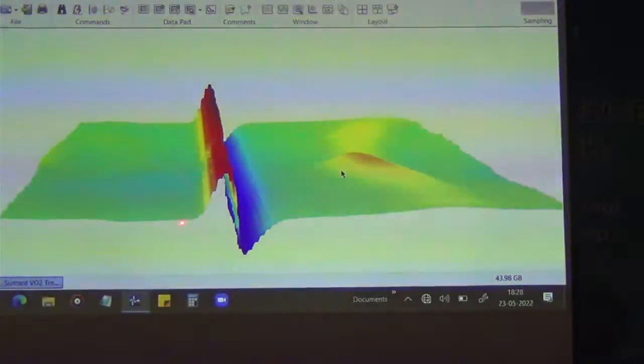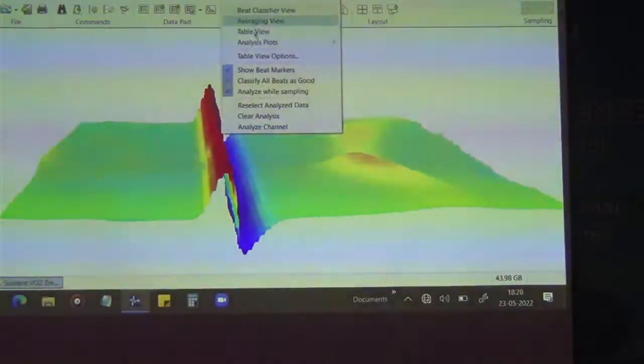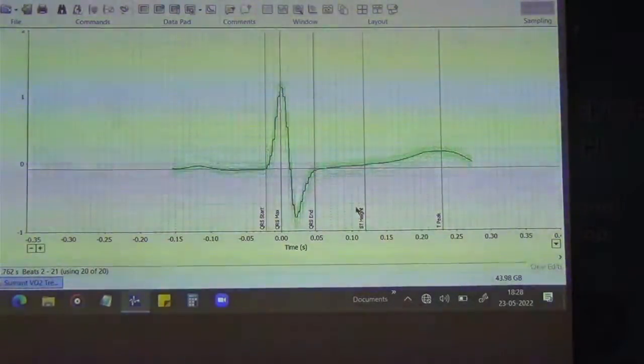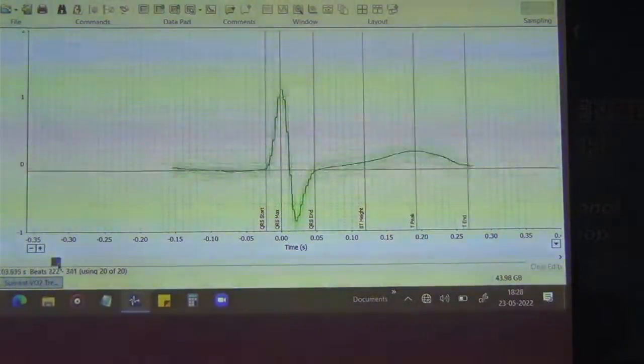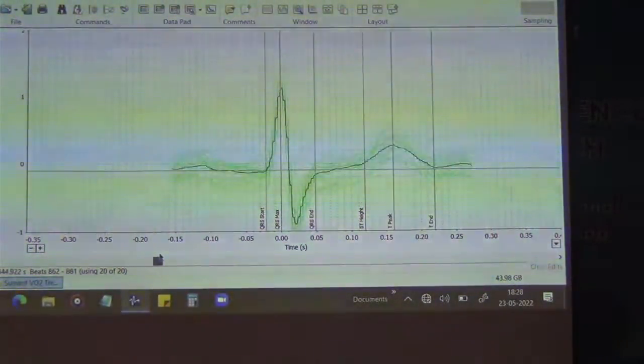First this is P. This is Q. This is... I will ask somebody, where is the ST segment? Because we have to think about our ultimate goal for our athlete. Where is the ST segment?